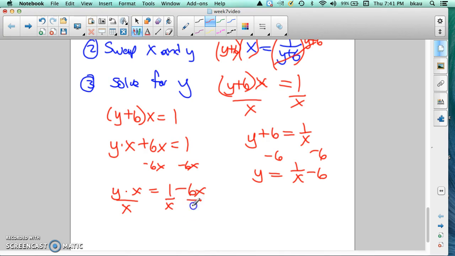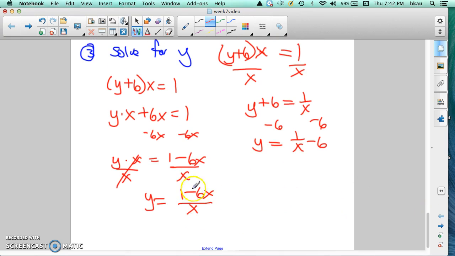I divide every term by x, or I just divide the whole thing by x. If I divide every term by x, I get the same answer. If I just write it as dividing by x, I'm going to get y equals 1 minus 6x over x. So both of these are equivalent, and they're the same thing. We could separate this one out and reduce, and it would be this.